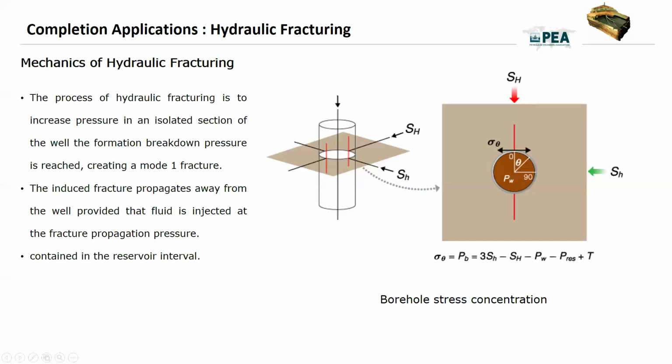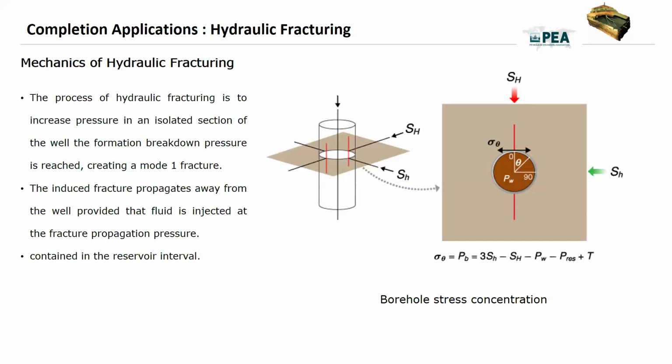The process of hydraulic fracturing is to increase the pressure in a section isolated with a double packer, and to get higher than the breakdown pressure of the desired section. After that, we initiate and induce the fracture to propagate in the maximum horizontal stress direction, to avoid the closing of this fracture later on and to optimize our production.